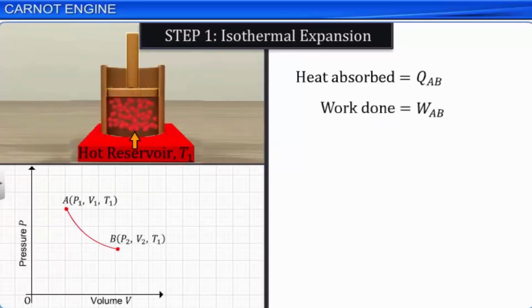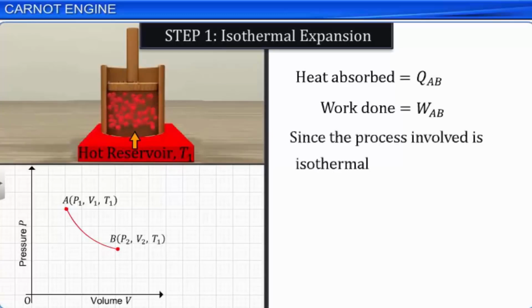Therefore, the heat absorbed by the system is equal to the work done by it. Therefore, for an isothermal process, the work done by the system W_AB is equal to μRT1 ln(V2/V1). Let this be equation 1.